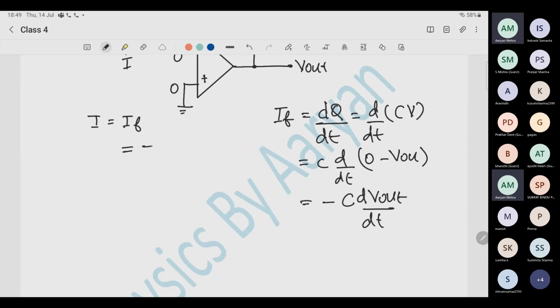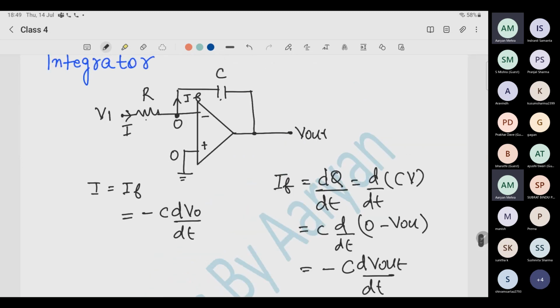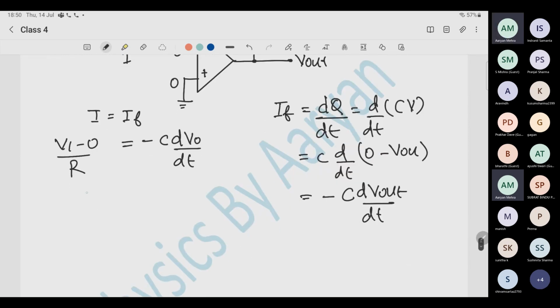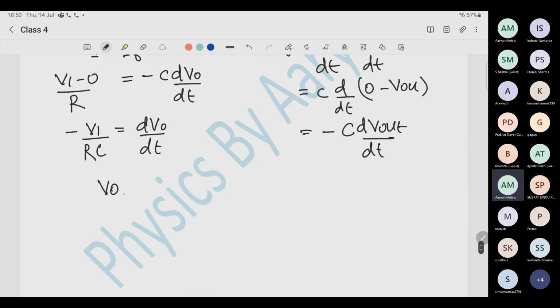So IF is minus C dV output by dt. What is I? I is V1 minus 0 by R. So V1 by R equals minus C dV output by dt. So now integrate both sides. So I get minus 1 by RC integration of V1.